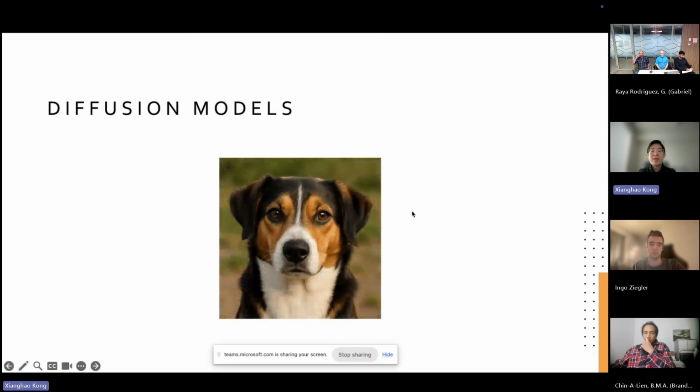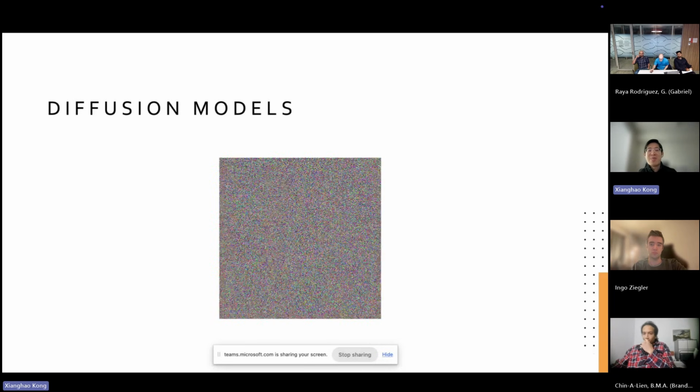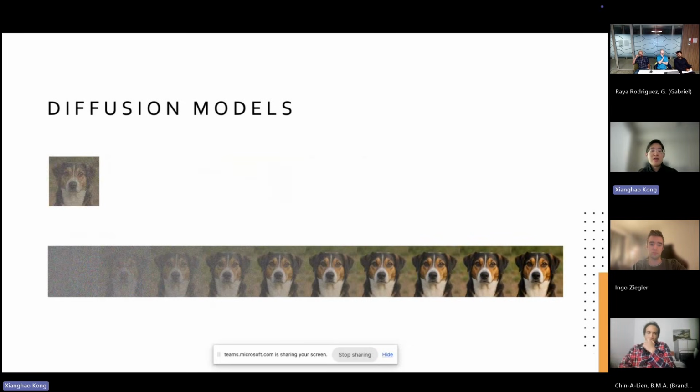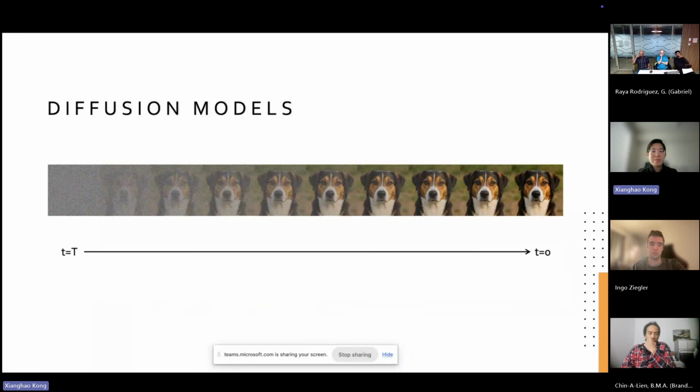We know it can generate an image from random noise. But actually, the diffusion model diffuses from a Gaussian noise step by step to a noise-free image, from time step t to time step 0. We call it the reverse of the diffusion process.